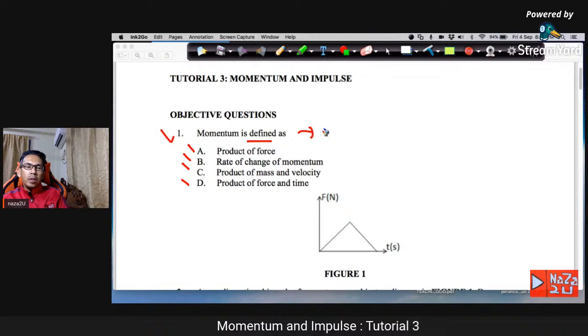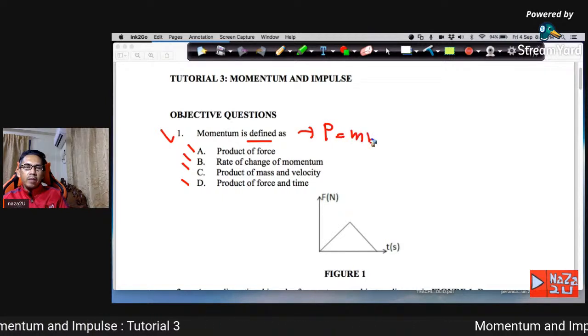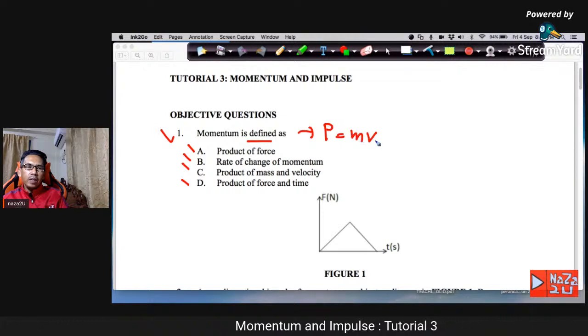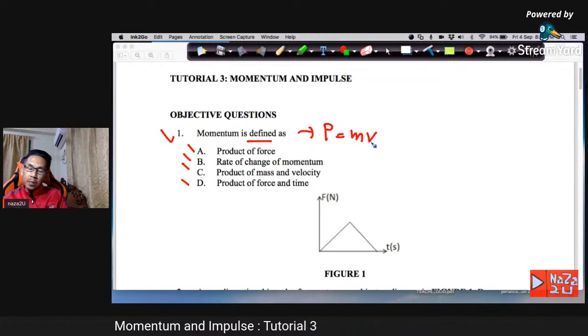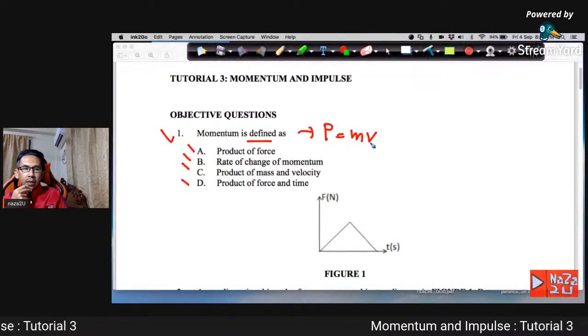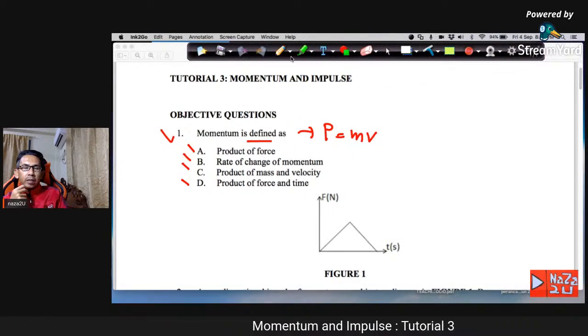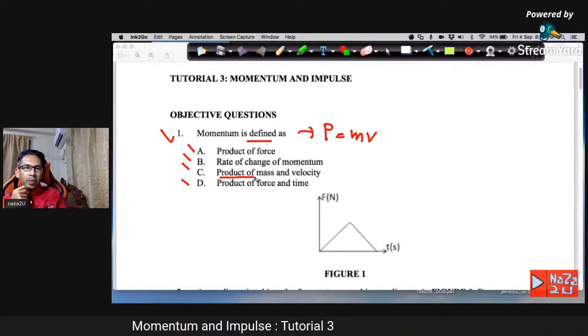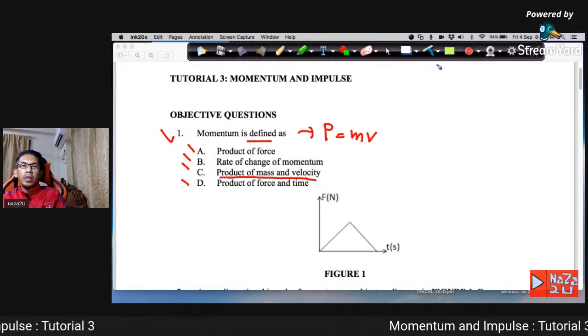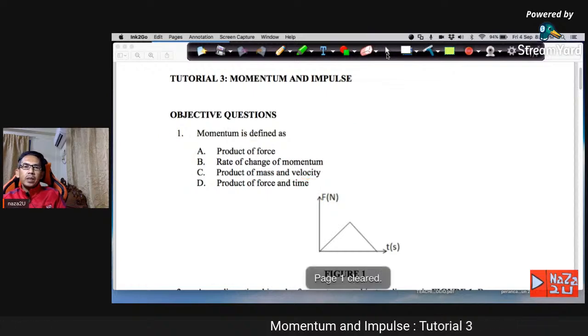So as you know, the momentum P is equal to mass times velocity. So meaning the momentum is the product of mass and velocity. If we look at the answers A, B, C, and D, the answer is C, product of mass and velocity. This is number 1.